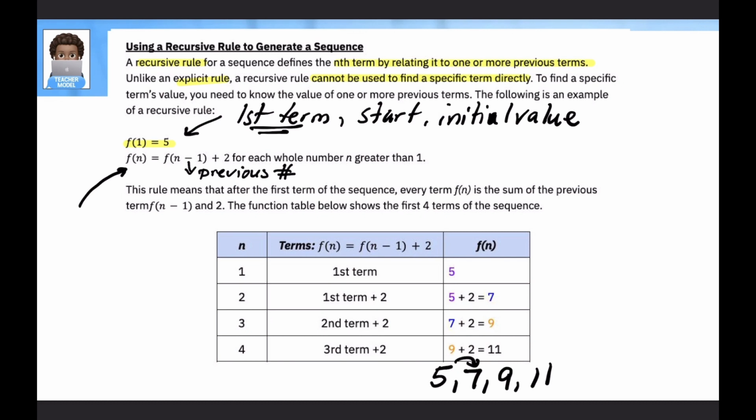I can define it as the one before it, 5 plus 2. If I want the next number, 7 plus 2. If I want the next number, I would do 9 plus 2. So I always need the number before it to figure out the next number.